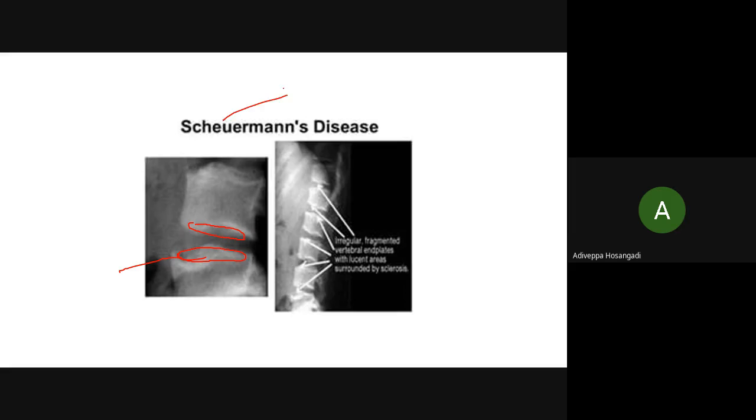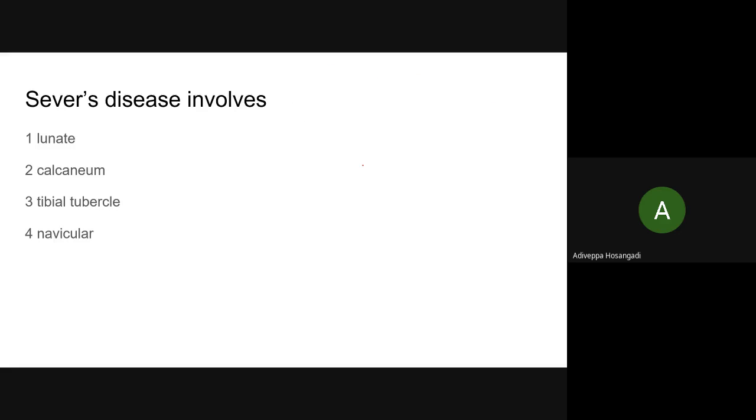And this is one of the causes for adolescent kyphosis. Kyphosis you see in elderly because of multiple wedge compression fracture. But if you are seeing it in an adolescent, the stooping of the posture of the adolescent, Scheuermann's disease can be one of the diagnoses.